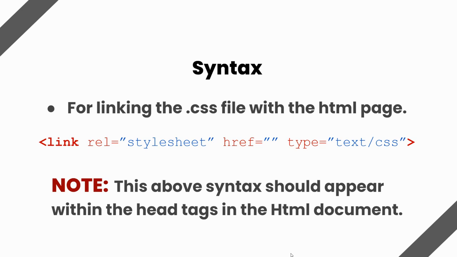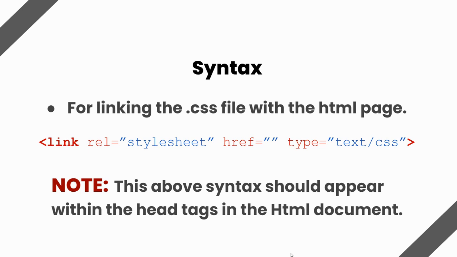Now, if we had a separate file that wanted to link to our HTML document but wasn't a CSS file, the type attribute would probably be text/ whatever the type of that file is. So if it's a JavaScript file, we would have text/javascript, or text/ any other file content that we want to link to this HTML document.